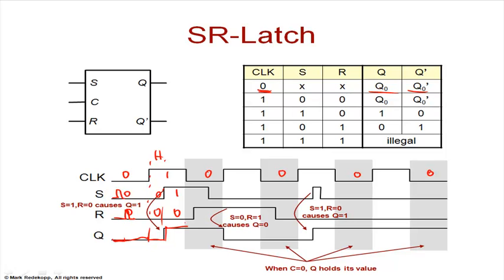Q goes high. When the clock turns off, whatever the last value I see before the clock turns off, that's what I remember for the rest of time until the clock turns on again. So I remember that value while the clock is low. Notice even here, you have some illegal case going on. It's not going to affect anything because you are in the hold case, because of the clock.